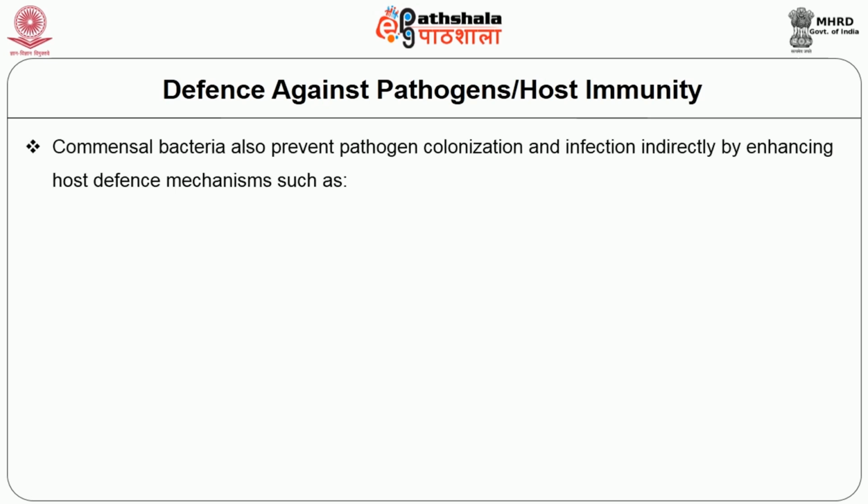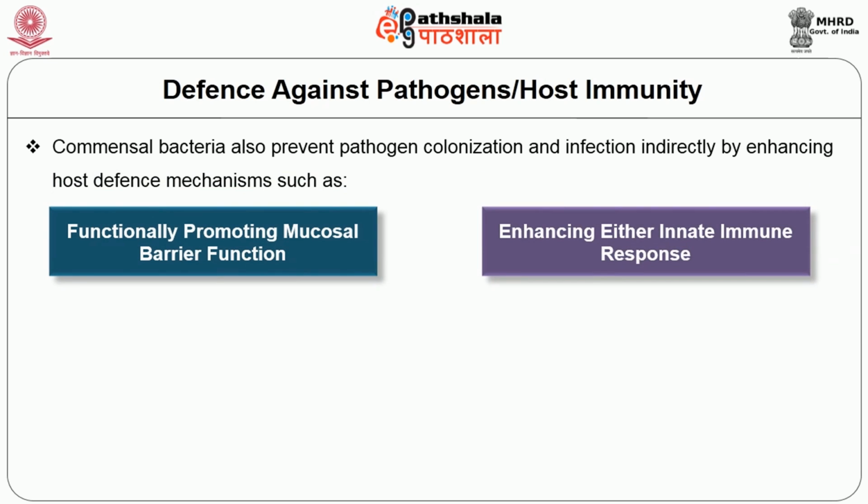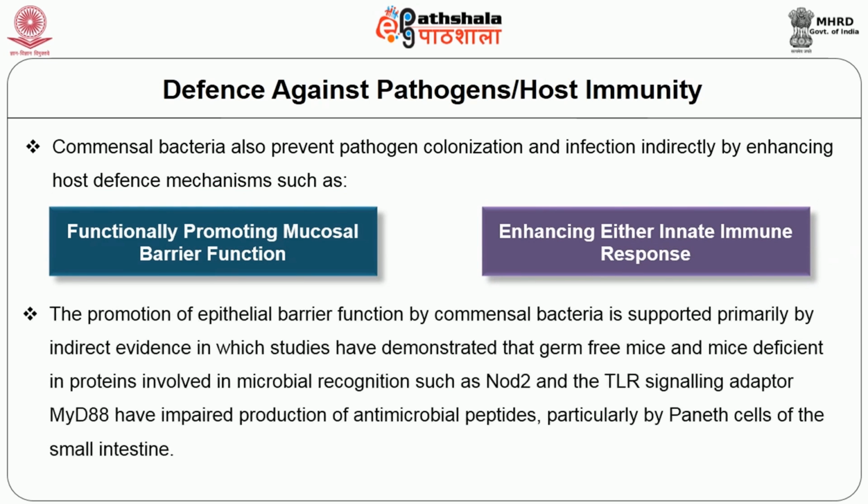Commensal bacteria also prevent pathogen colonization and infection indirectly by enhancing the host defense mechanisms, such as promoting mucosal barrier function and enhancing the innate immune response. The promotion of epithelial barrier function by commensal bacteria is supported primarily by indirect evidence, in which studies have demonstrated that germ-free mice and mice deficient in proteins involved in microbial recognition such as NOD2 and the TLR signaling adapter MYD88 have impaired production of antimicrobial peptides, particularly by Paneth cells of the small intestine.